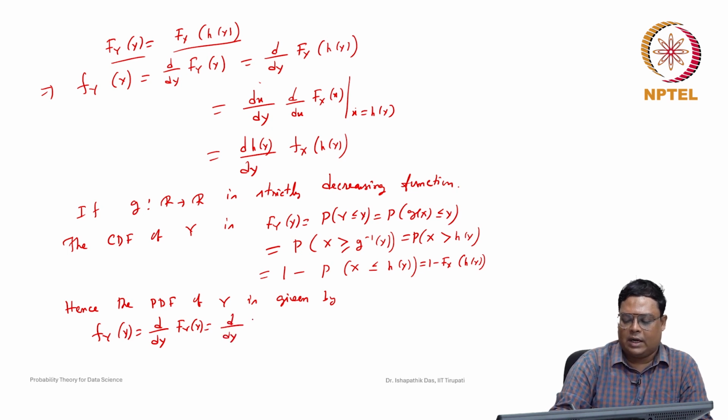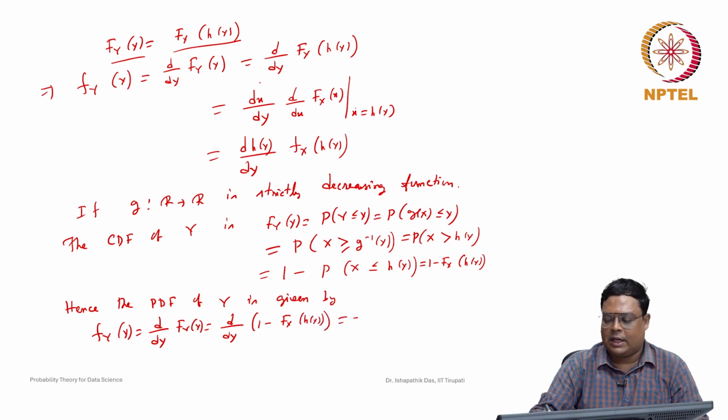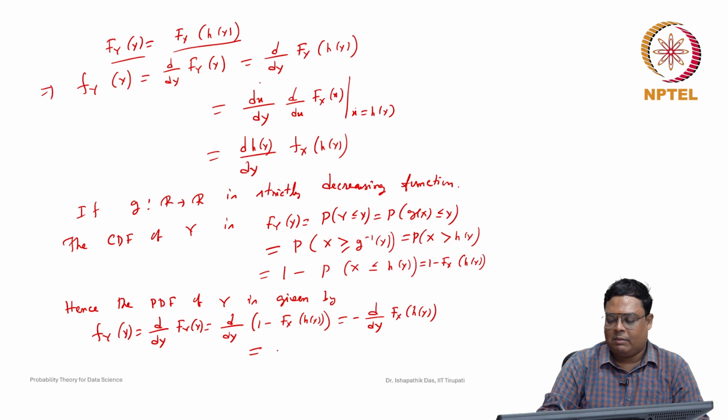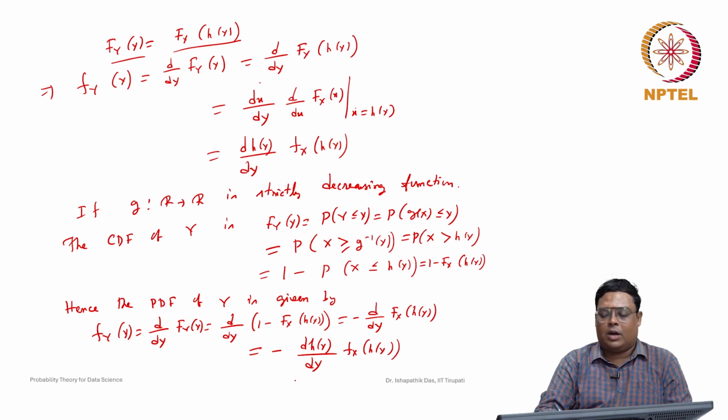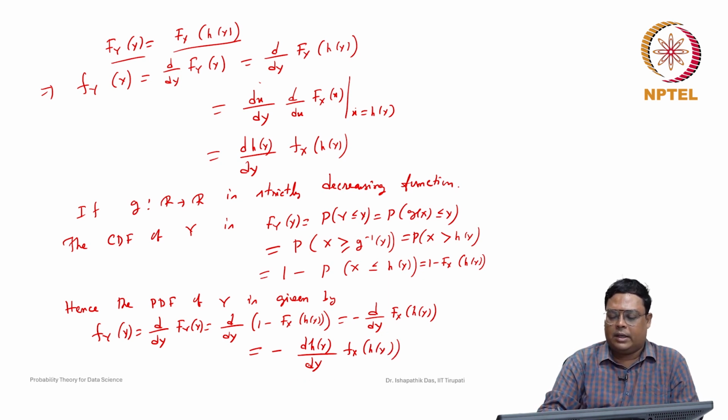So here you can see that 1 minus F_X(h(y)) is the same as minus of d/dy of F_X(h(y)). So what we found is that it is nothing but minus of dh(y)/dy times f_X(h(y)). Now whenever it is decreasing, this value is negative, so that's why minus of this will be again a positive value.